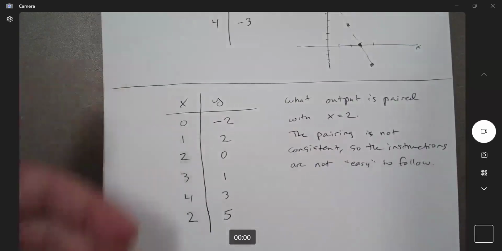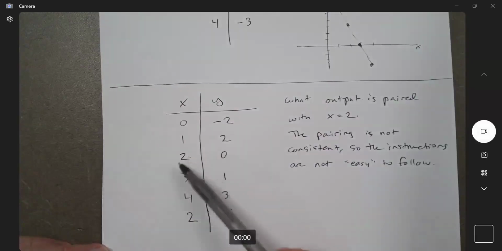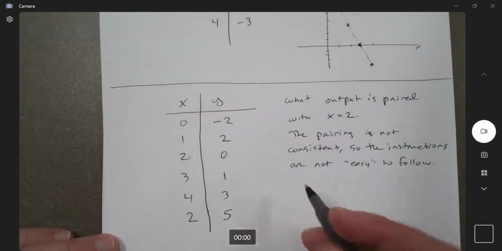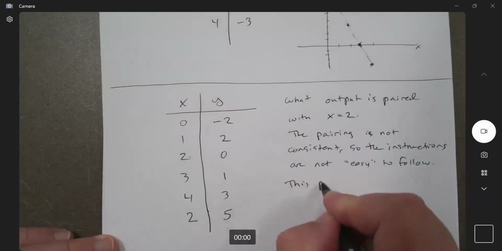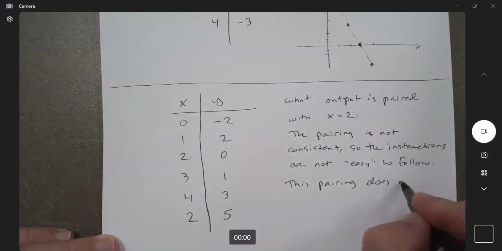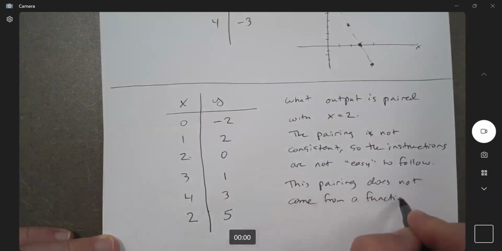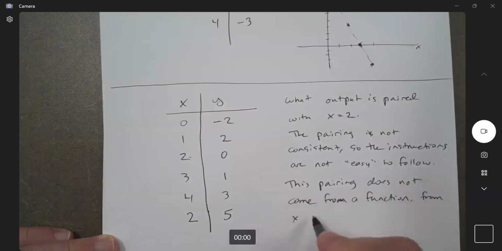Nothing wrong with these pairings, but I couldn't use them as a set of instructions because I wouldn't know to send 2 to 0 or send 2 to 5. And that would be a problem. So this pairing, these sets of pairs, does not come from a function.